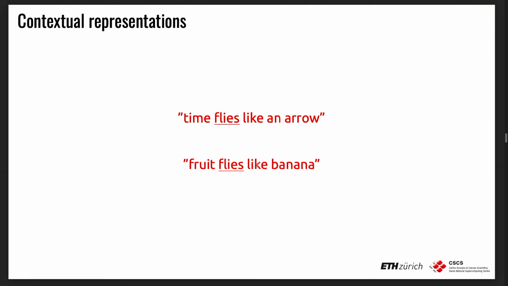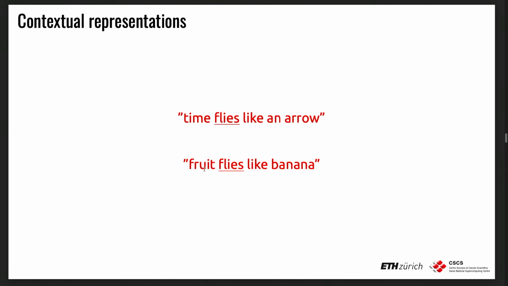So maybe we can take the embedding of flies and add a bit of fruit and some of like and some of banana in different degrees, and the same for each of them.